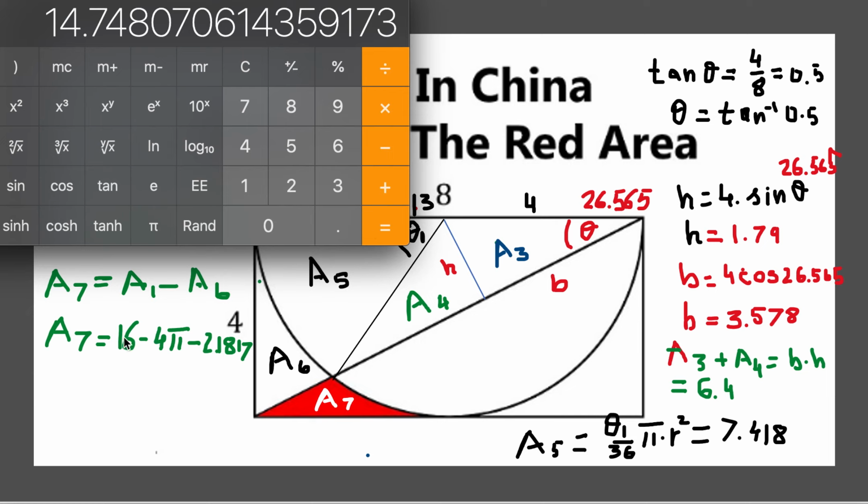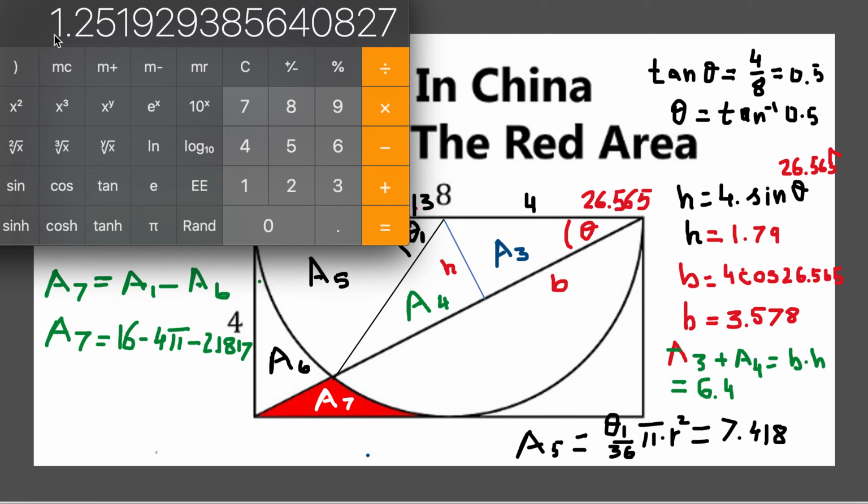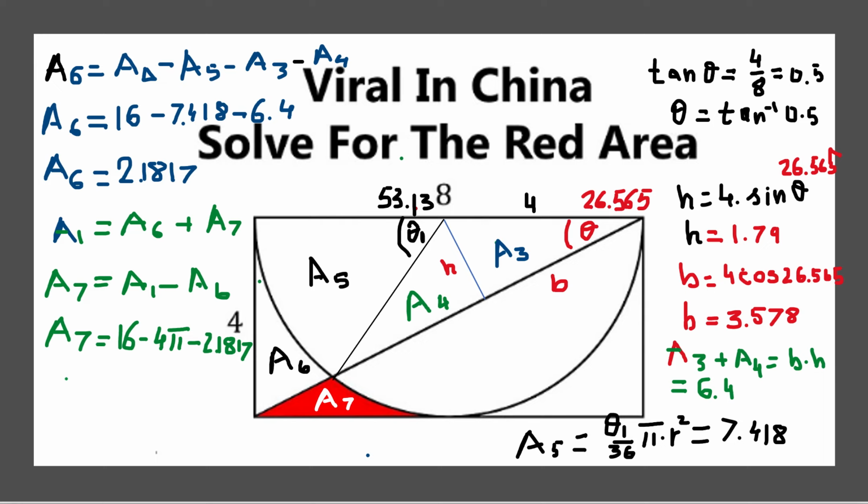But now let's subtract from 16, or I can write a negative sign because those are negative, and add 16. And I get 1.2519. So A7 is equal to 1.25.